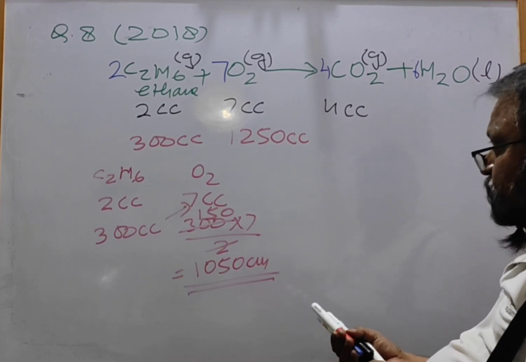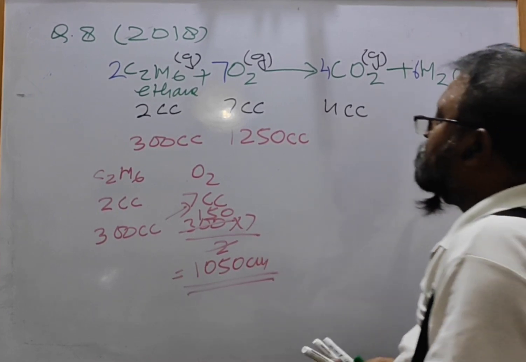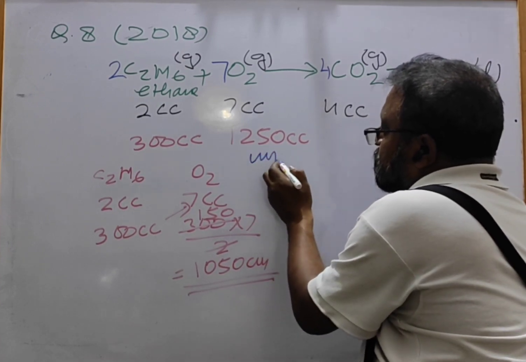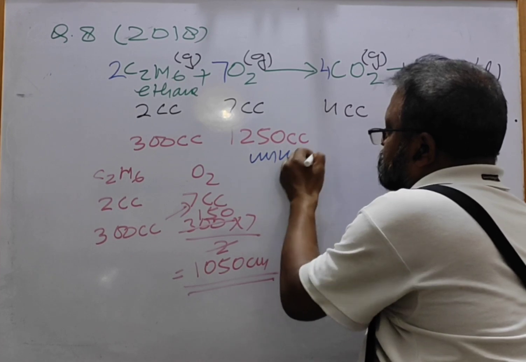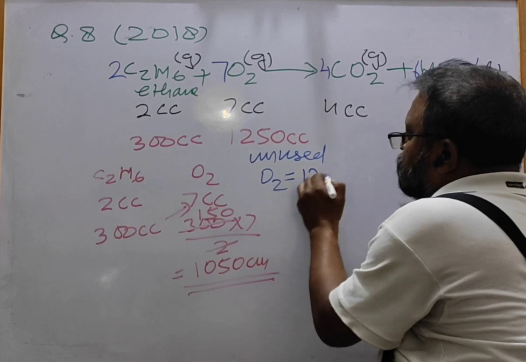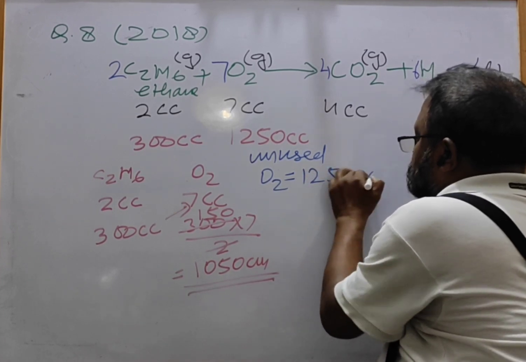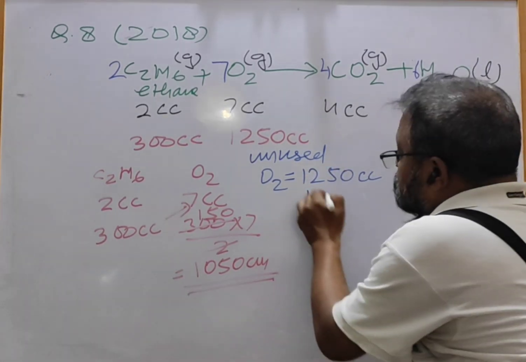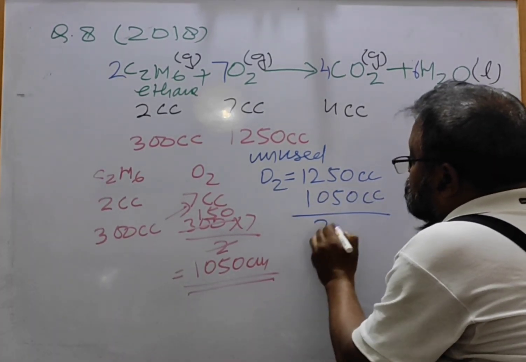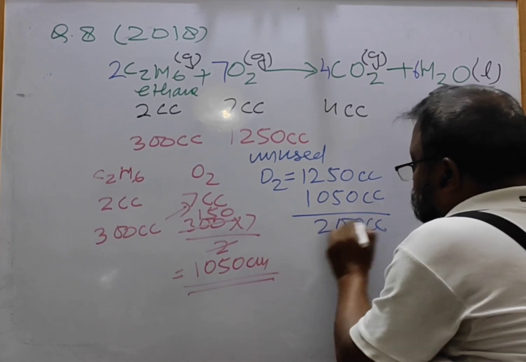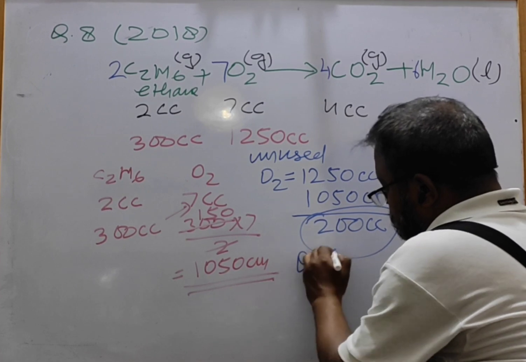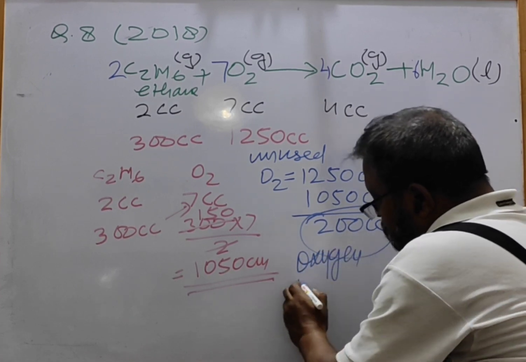So unused oxygen is 1250 cc minus 1050 cc, so we get 200 cc of oxygen unused.